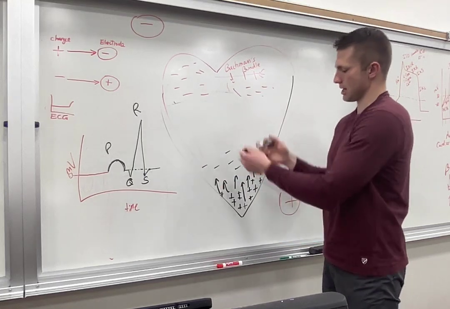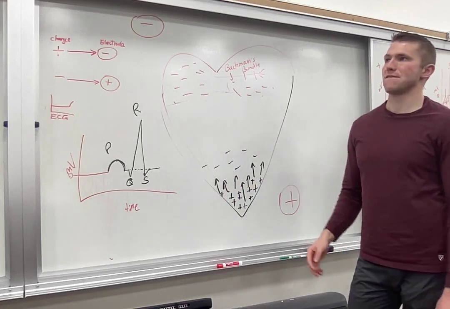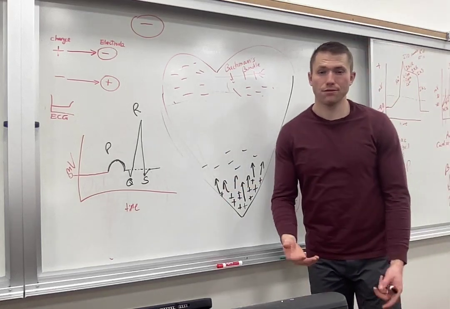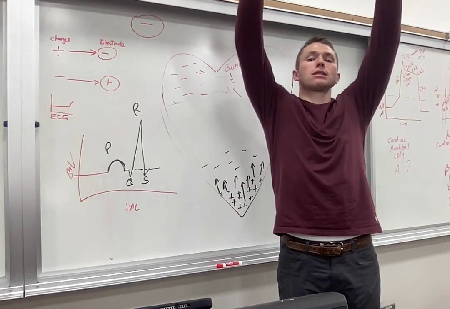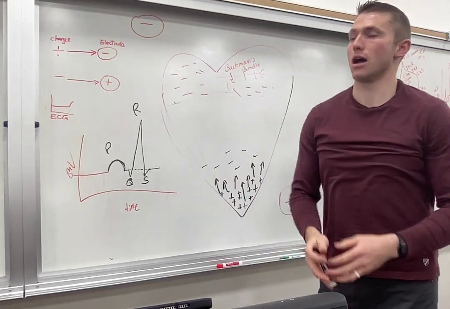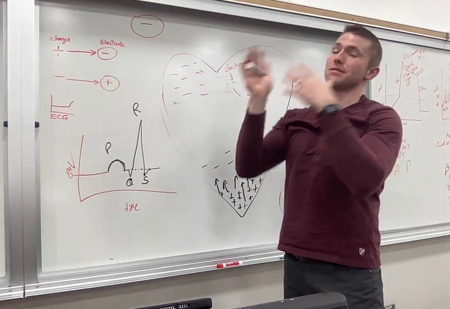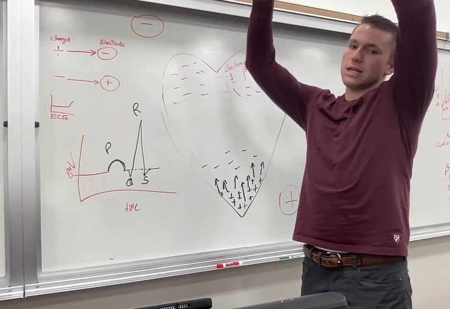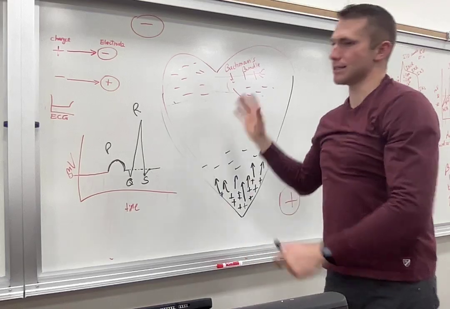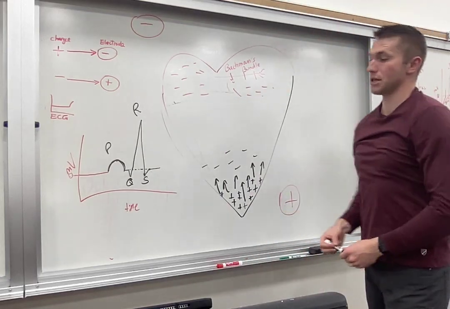The whole heart was negative, right? Sends this wave. It's like the wave at the football game. Everybody went like this, and everybody kept their hands up the entire time. And so, in the entire time, the wave reached the whole stadium. And then once the wave at the end of the stadium did this, then they let them back down and send the wave back all the way to the other side, to where it started.